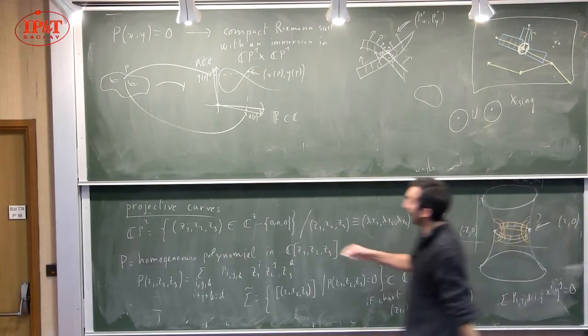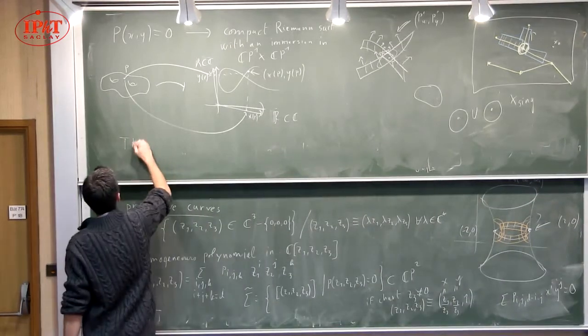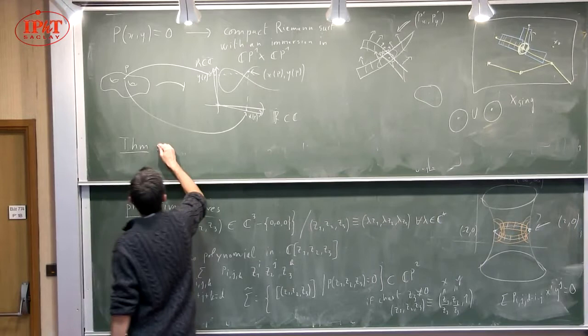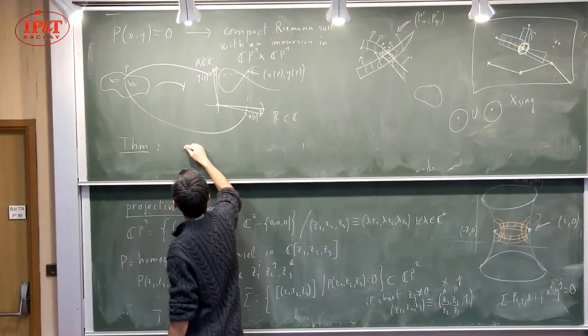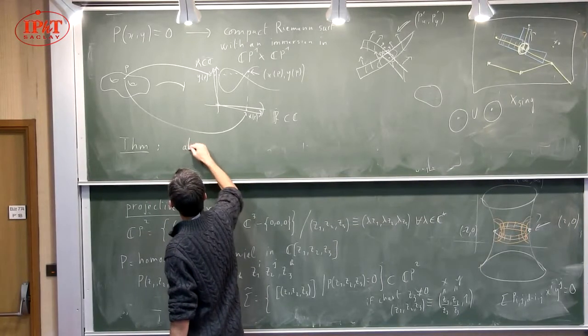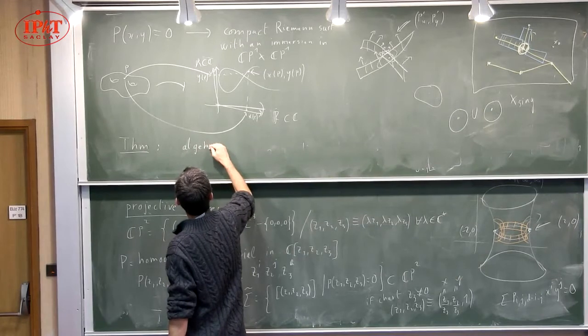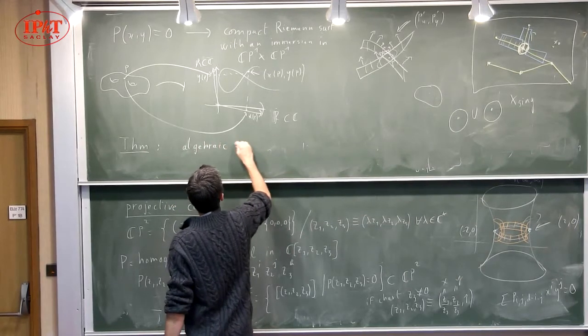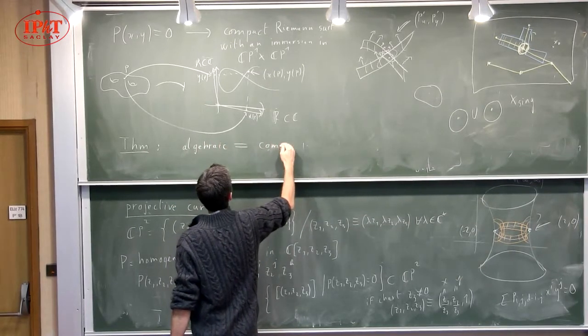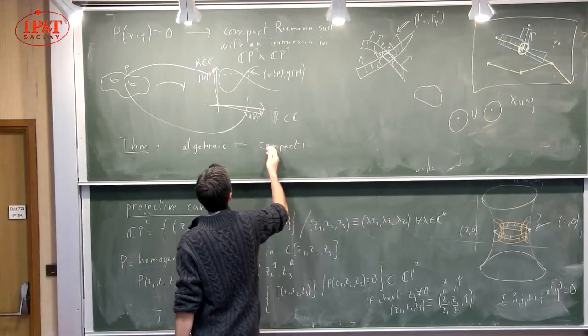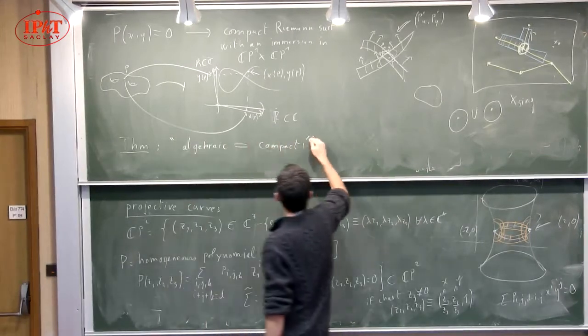There is a theorem which is that, in some way, algebraic equals compact, with quotation marks.